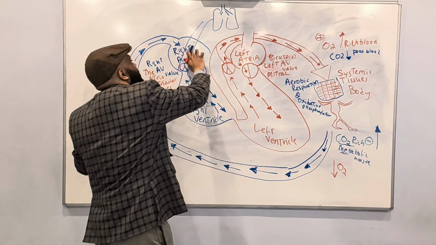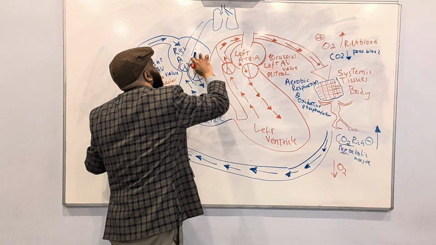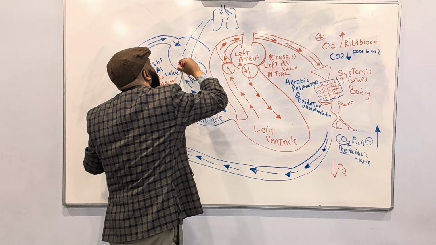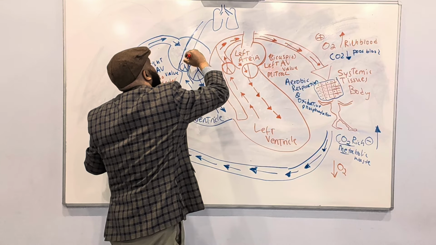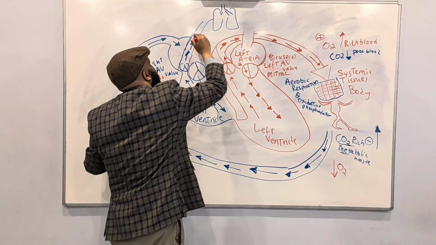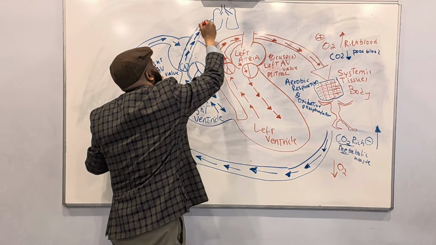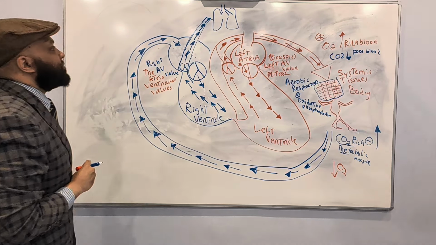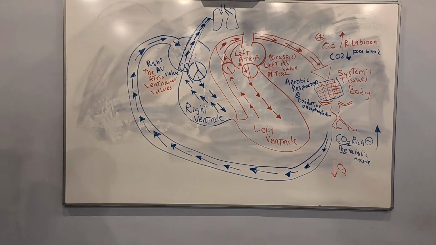So now the blood goes from the right atria to the lungs.